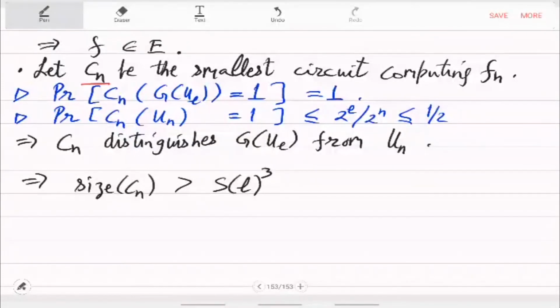And what is the stretch? S of L is n. So what you have shown is that the complexity of this Boolean function F is at least cubic. That is the lower bound.